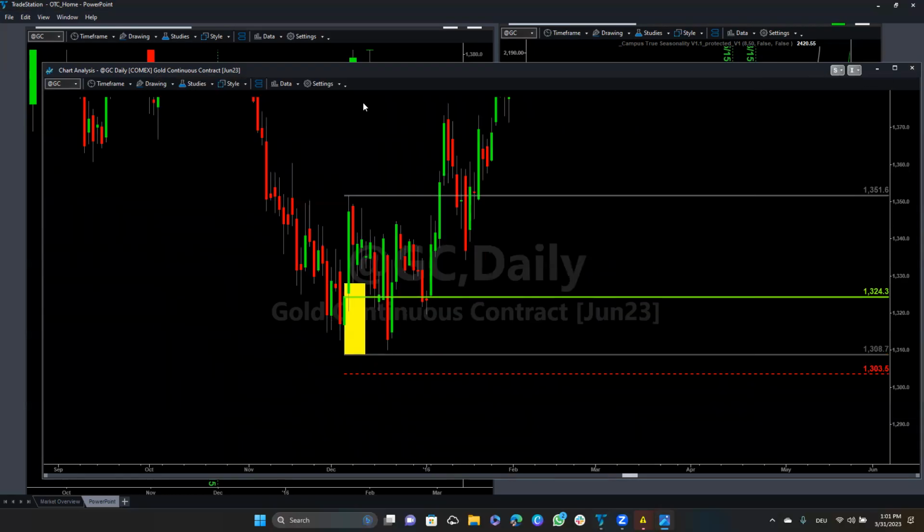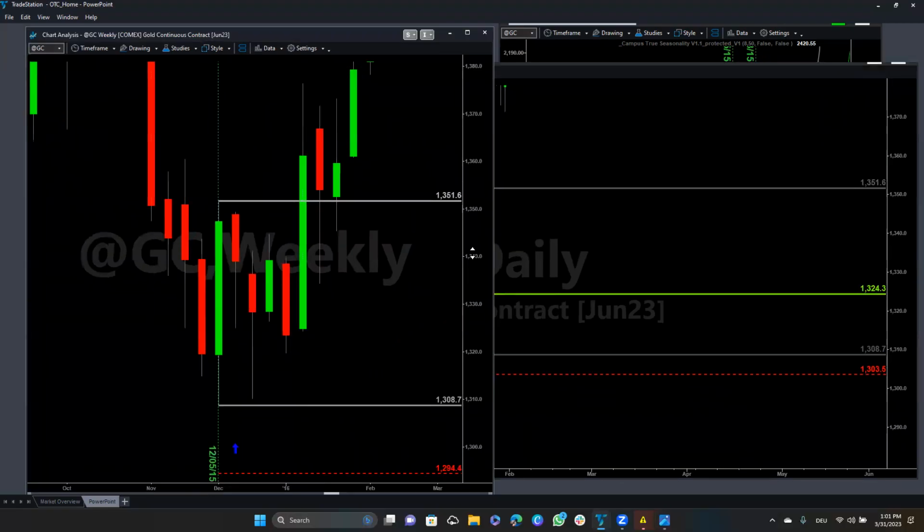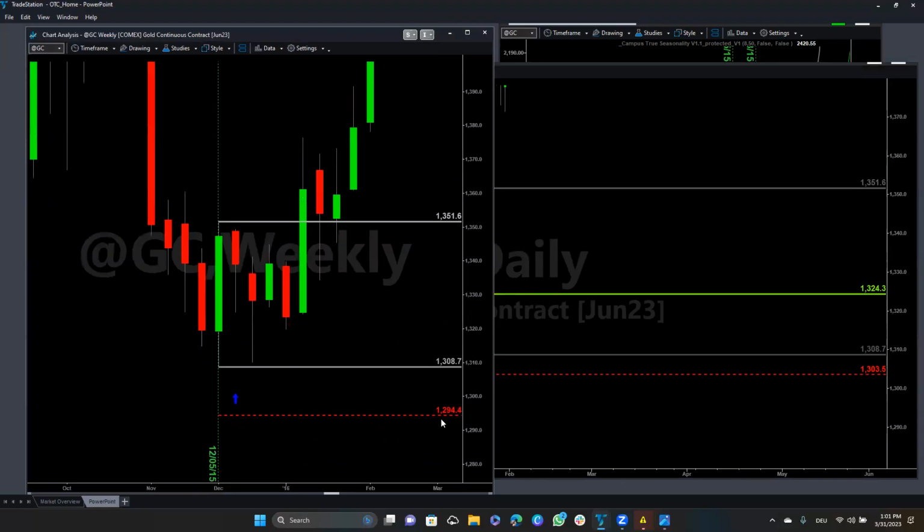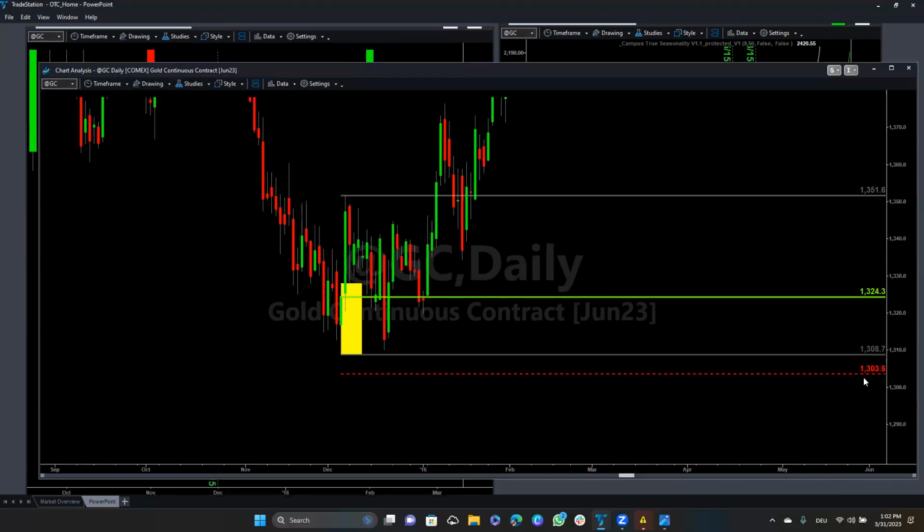That means you can also still use this stop loss here on weekly, 1294.4. This is the bullish engulfing weekly initial stop loss, or you use the stop loss below the lower time frame zone, plus 33%, 1303.5.